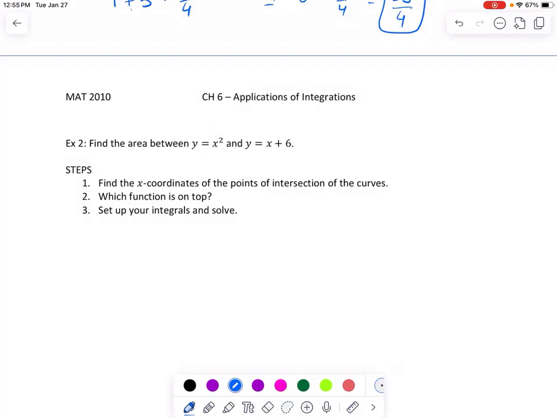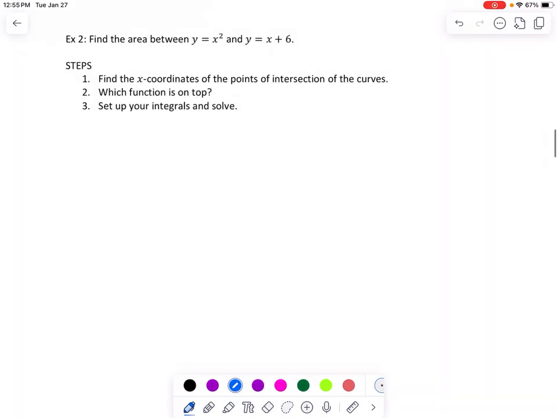Notice here, we are not told which one is above and which one is below, and we are not given the bounds either. Now, if they say find the area between these two curves, it means they meet at some point. So we have to find those points of intersection, and then we can set up our integral. How do we find those points? We don't need the whole point, we need the x coordinates.